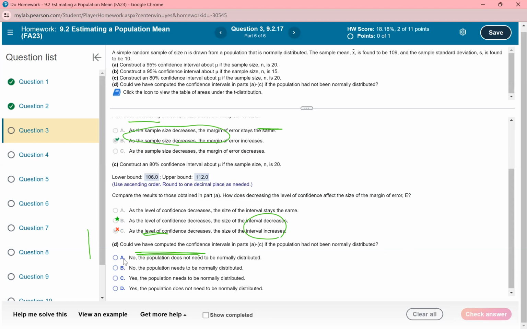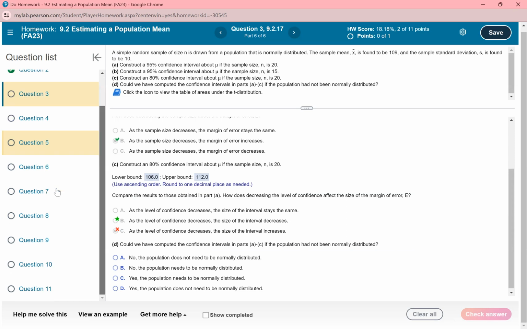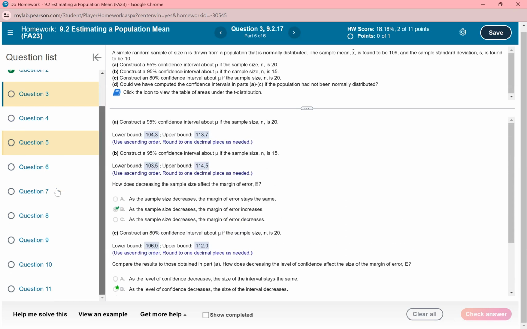One second here. How's it worded? Let me read that wording again, guys. All right, how does decreasing the level of confidence affect the size of the margin of error? Oh, the margin of error was the distance from the 109 over, I am so sorry about that.